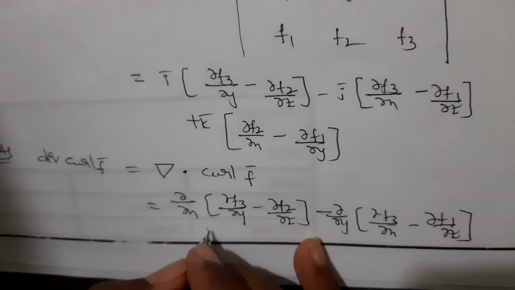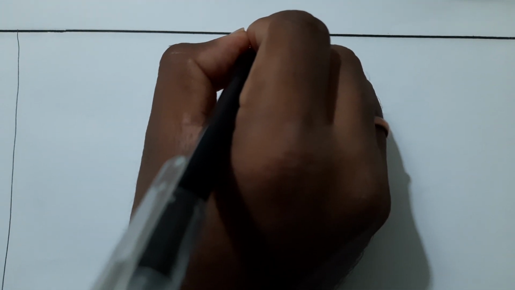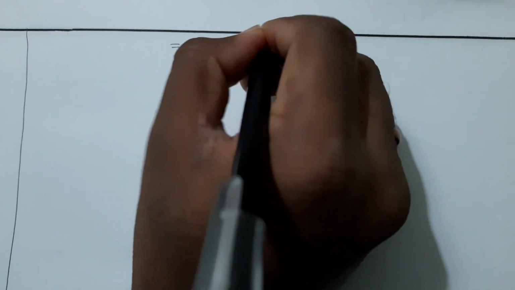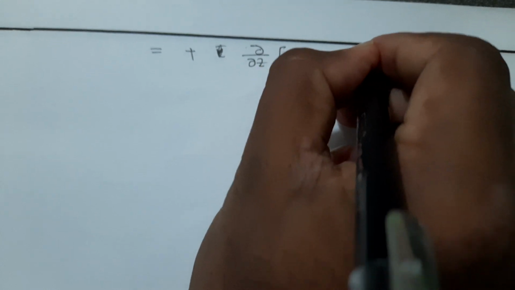dou by dou y of dou f3 by dou x minus dou f1 by dou z, plus k bar into dou by dou z of, because k bar dot k bar value is 1, dou by dou z of dou f2 by dou x minus dou f1 by dou y.